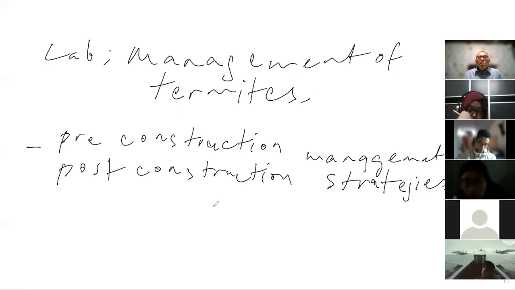So basically, when it comes to built-up areas, when it comes to buildings, we have two different management strategies. Number one is called pre-construction, and then post-construction. When it comes to post-construction, there are several methods.